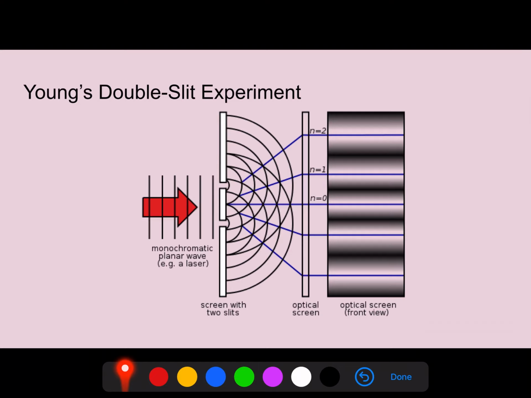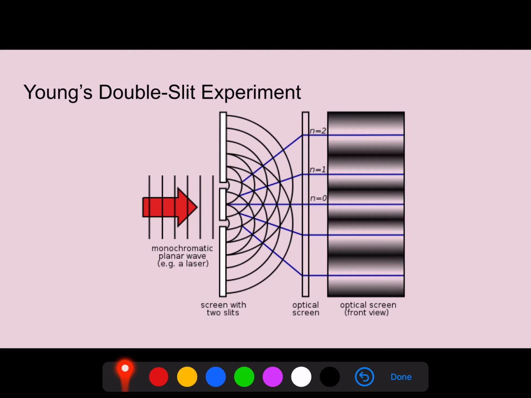After some distance, there would be a screen, and the light is forced through these narrow little slits, and just like you would expect from ripples on a pond, this sort of pattern is produced where you have alternating constructive and destructive interference, so that when you look at the screen there will be bright patches and dark patches alternately produced by this interference pattern. And the brightest patch of all actually lines up with the middle of this obstruction between the two slits.